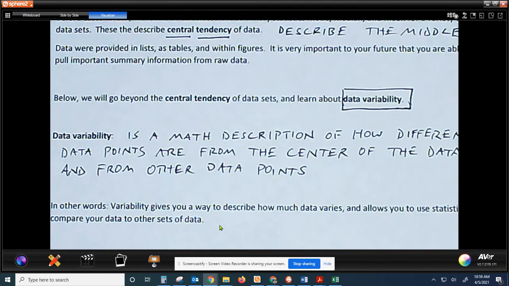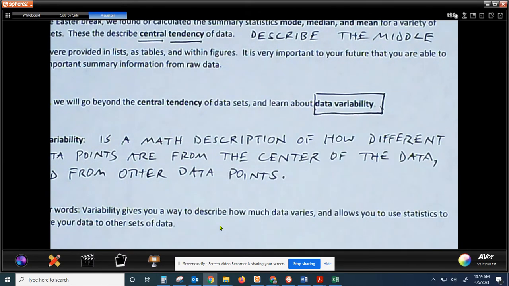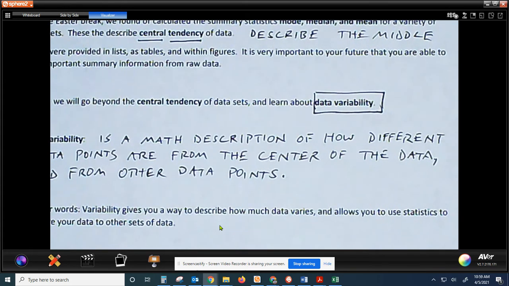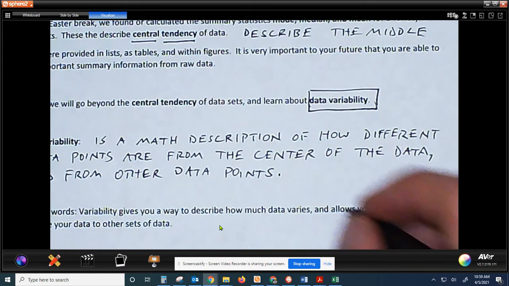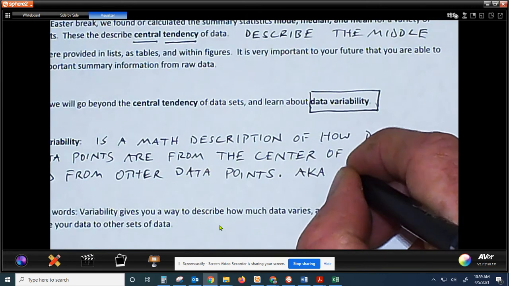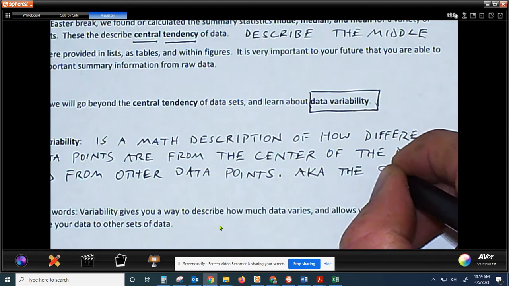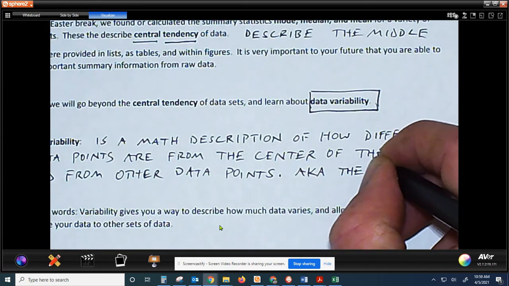We'll be done soon. And here's the word that helps me. Like mode, I think of most. Median is for middle. When it comes to data variability, this is also known, AKA, as the spread in the data. The spread.